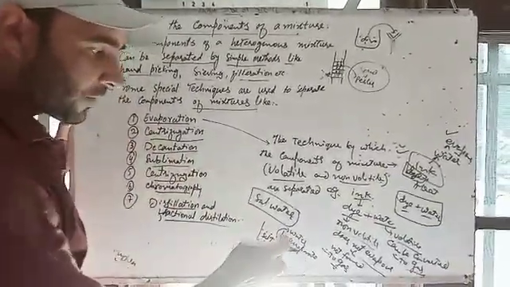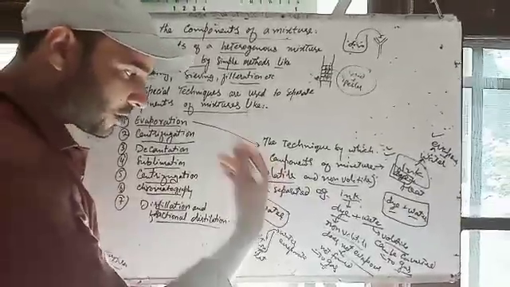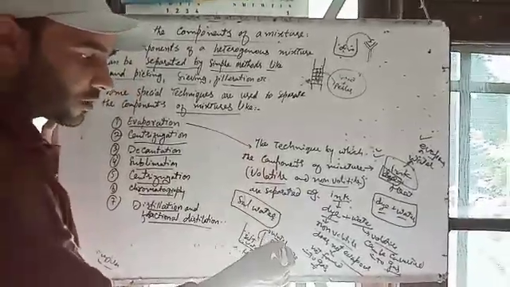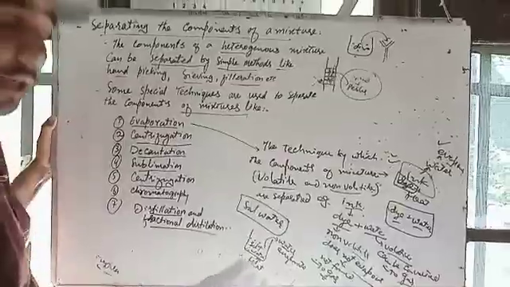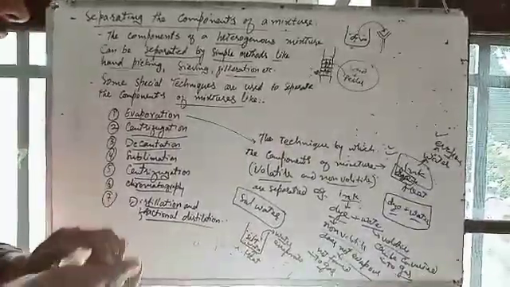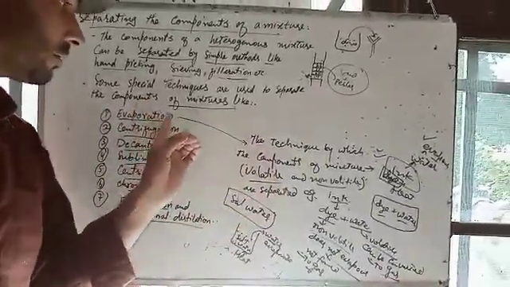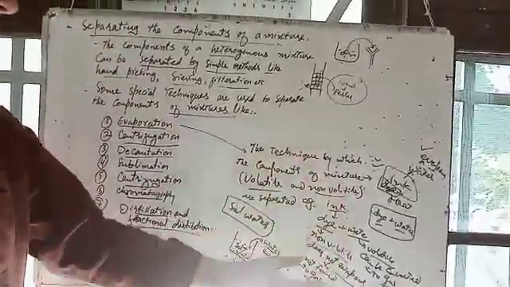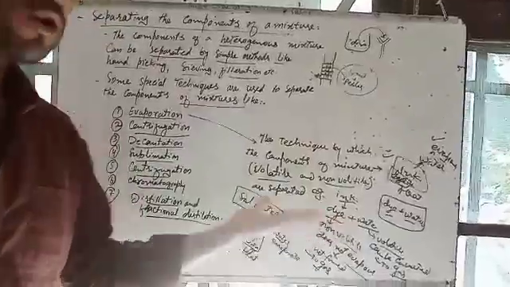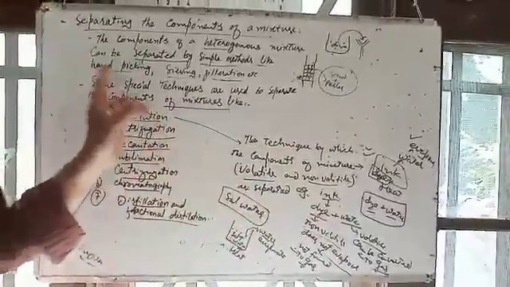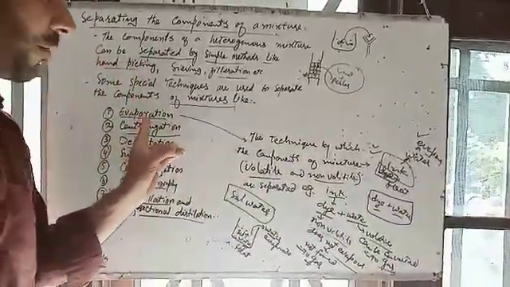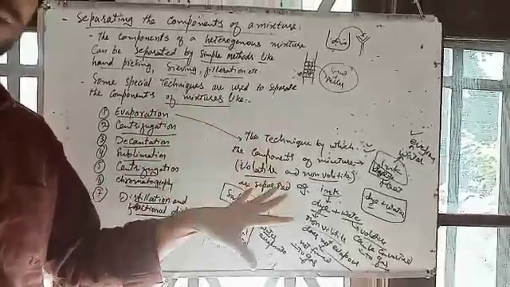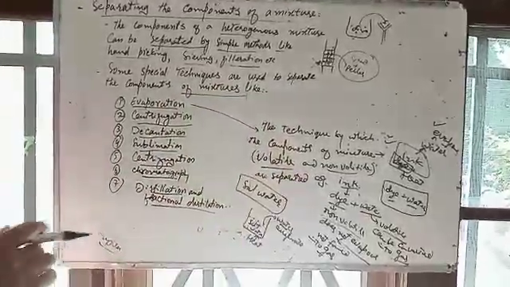That is how, through this technique, you can separate water from the salt. That means one component of the mixture must be volatile and the other component must not be volatile. Through the process of evaporation you can separate the components of the mixture.